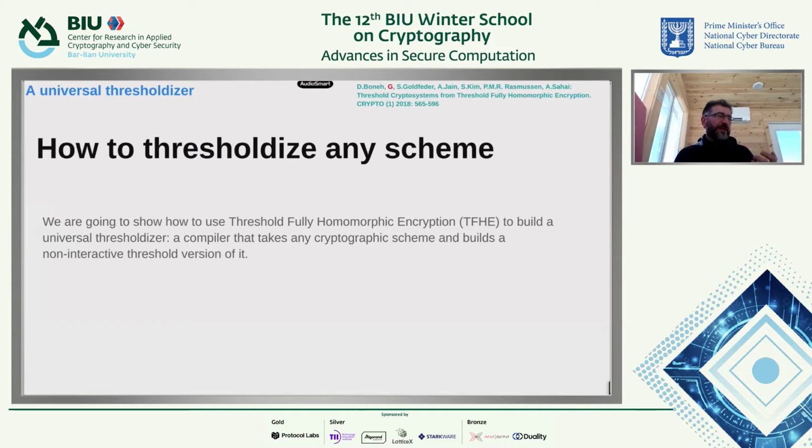And this work is very highly related to MPC computation in one round when you have a distributed fully homomorphic encryption. In fact, in my mind, this is not just about thresholdizing cryptographic schemes, but about doing general MPC when you have threshold fully homomorphic encryption.